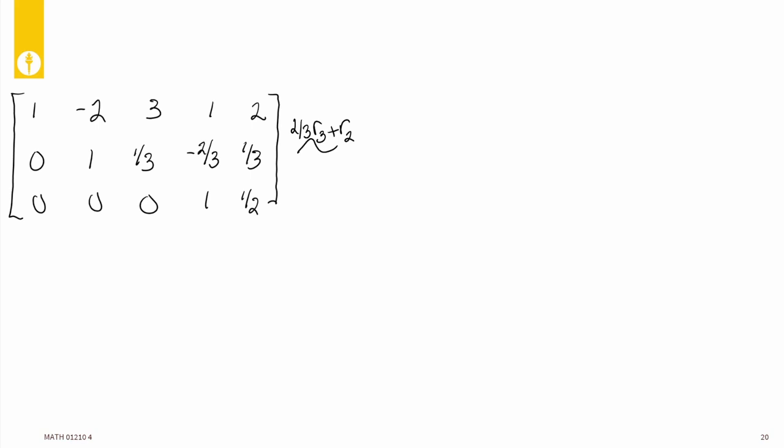Two-thirds row 3 plus row 2. Oh, yes. I love it when it's something simple like that. And then negative row 3 plus row 1. One, negative 2, 3. All right, so those should be the first 4 entries of row 1.